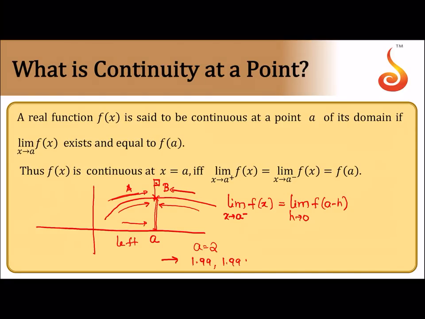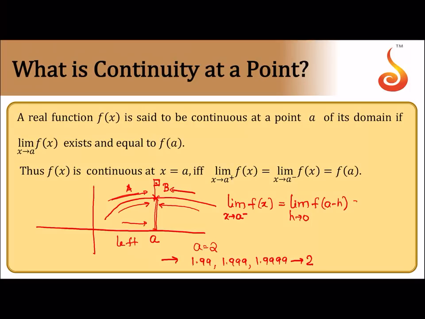Take an example, a equal to 2 and you are approaching from the left: 1.99, 1.999, 1.9999. So you are approaching 2 from the left. How do we write this mathematically?